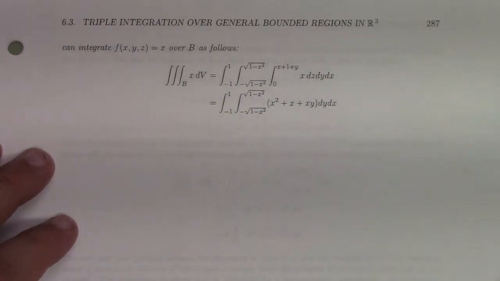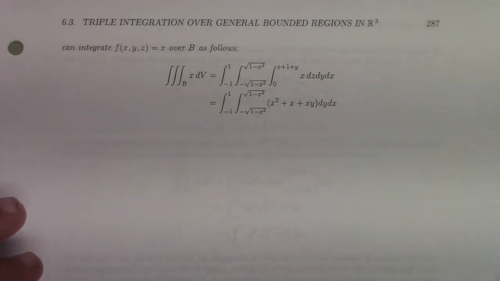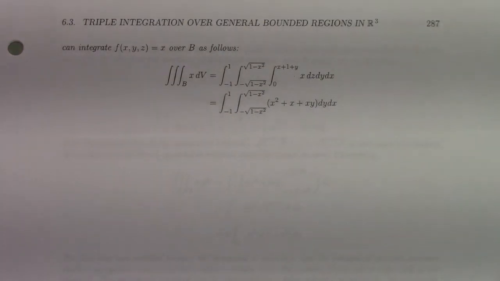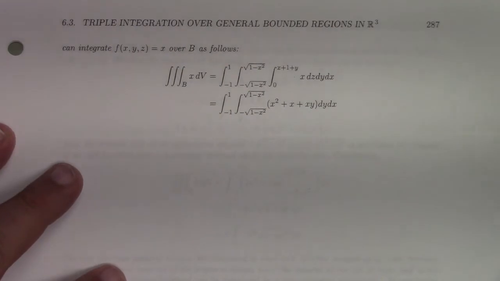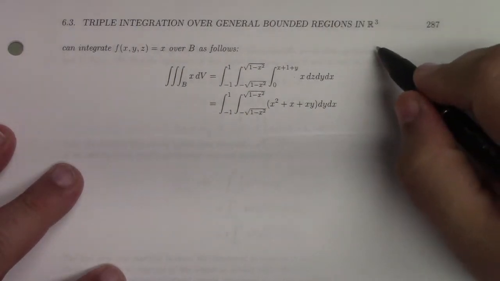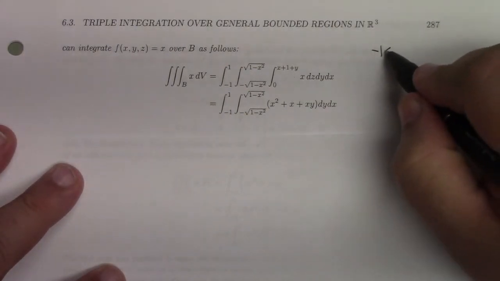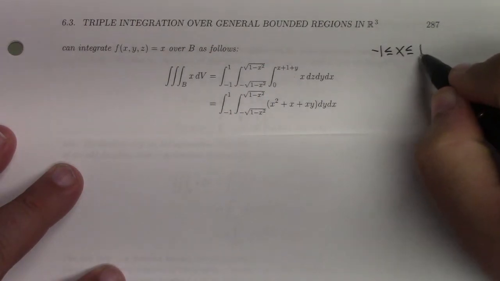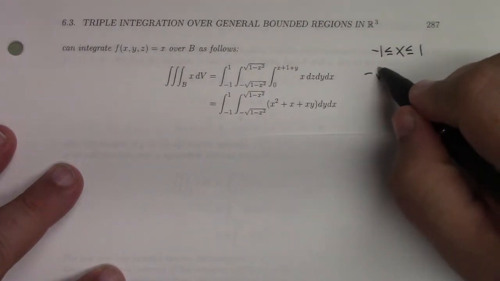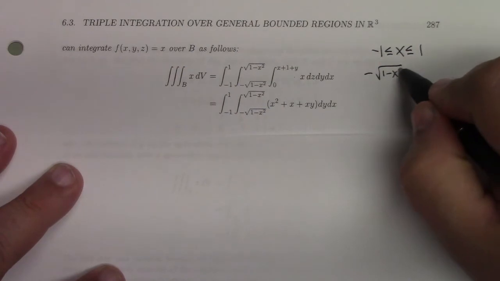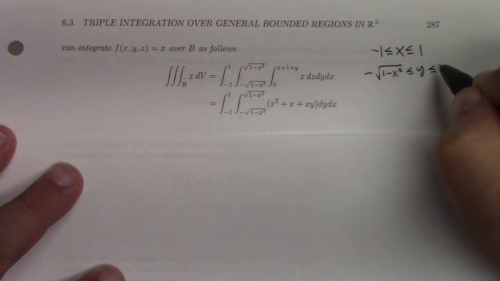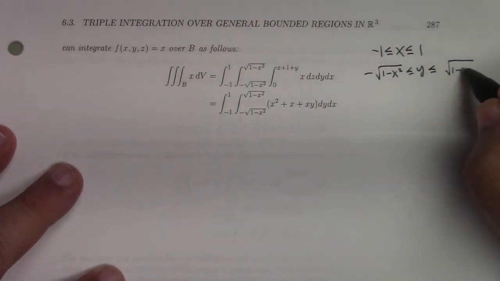And so remember, we came to the inequalities which describe that region. Starting with -1 less than or equal to x less than or equal to 1, and then minus the square root of 1 minus x squared less than or equal to y less than or equal to the square root of 1 minus x squared.